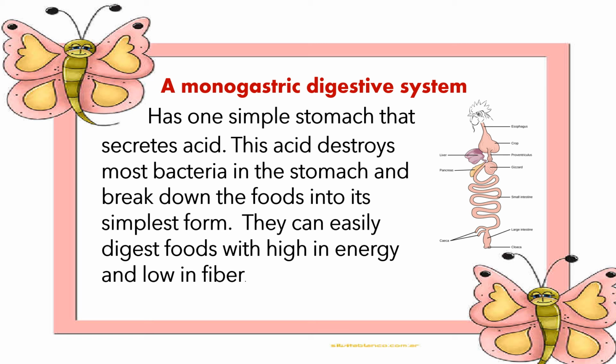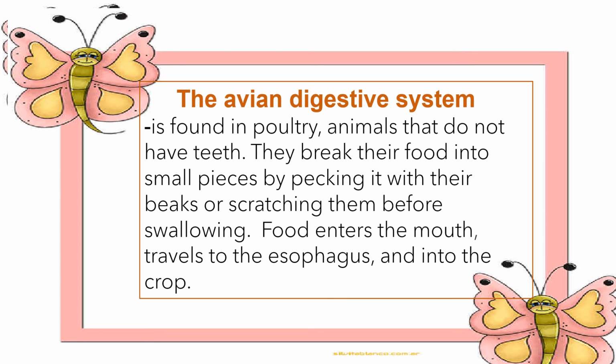So we have also an example here: chicken. Chicken is an example of a monogastric digestive system. How about the avian digestive system? It's found in poultry animals that do not have teeth.